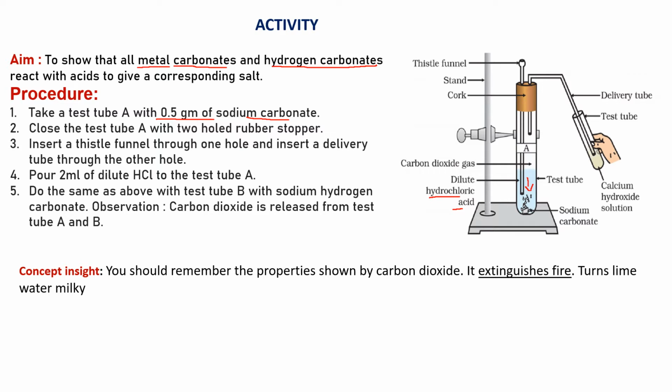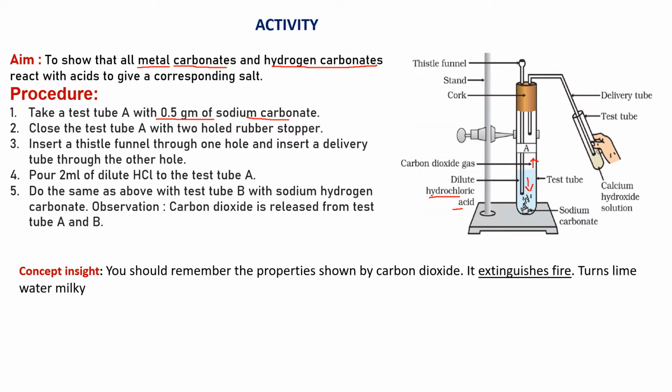Now this is a delivery tube. What are we going to collect from the delivery tube? There must be some gas coming out of this delivery tube. We collect this gas into another test tube which has calcium hydroxide, Ca(OH)2.